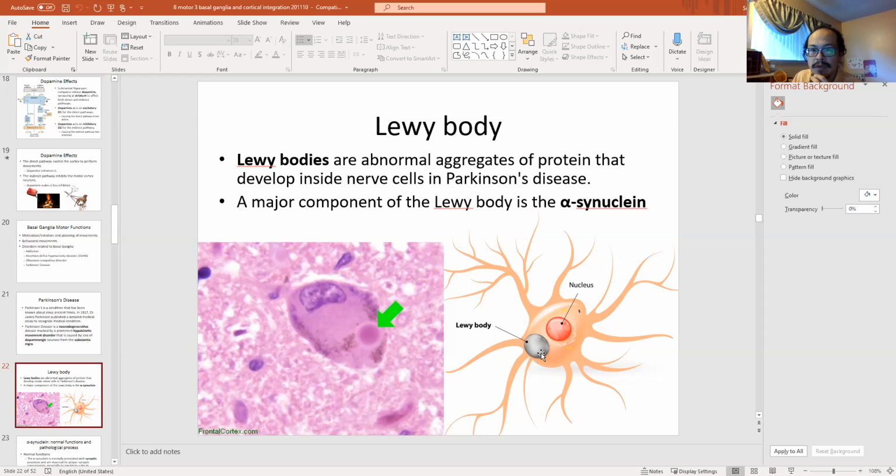So you need to know that Parkinson's disease is damage to the substantia nigra dopaminergic neurons. You also need to know the pathology related to the accumulation of alpha-synuclein, and that this accumulation forms the Lewy body.